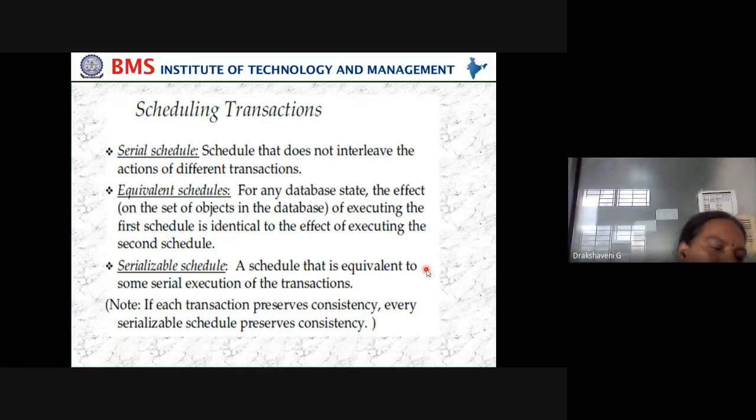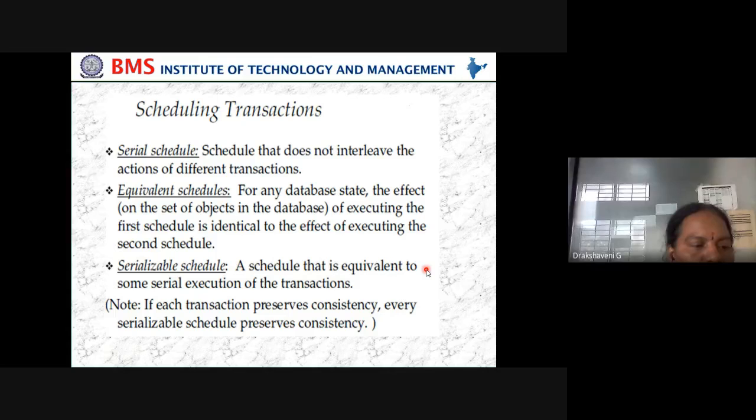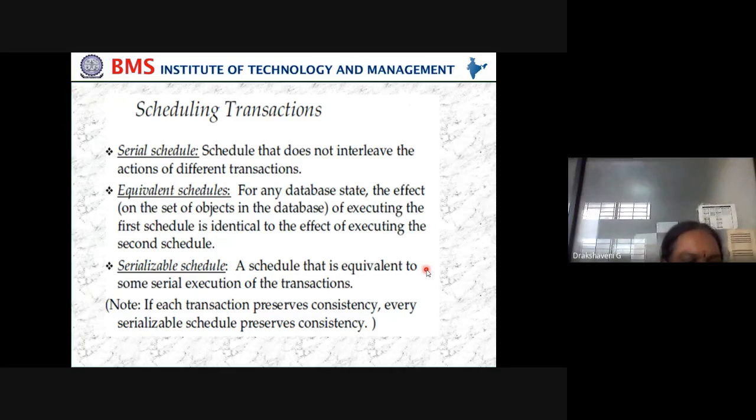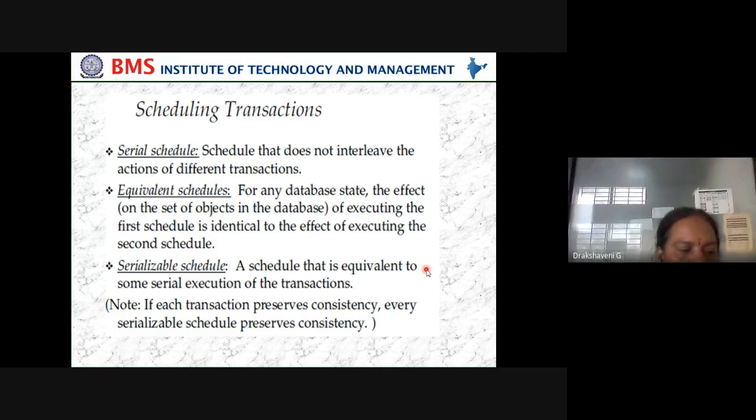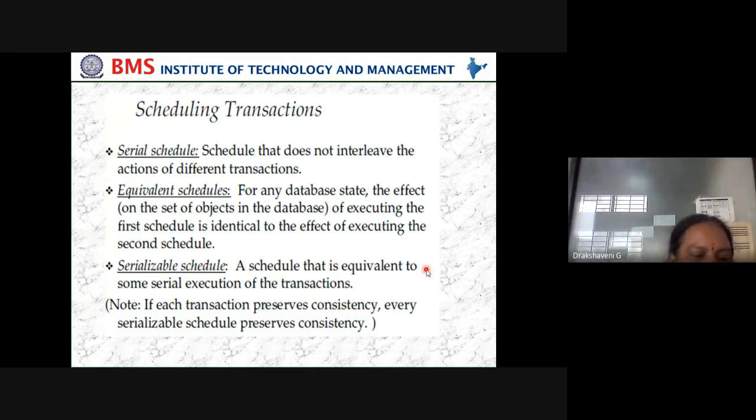The same way, as in the operating system we have different forms of scheduling, we have scheduling of transactions.